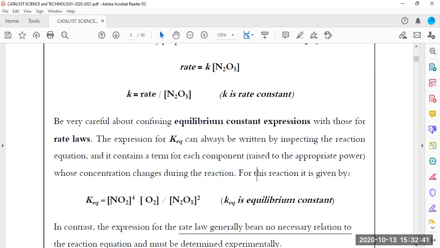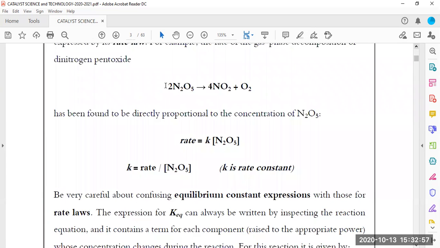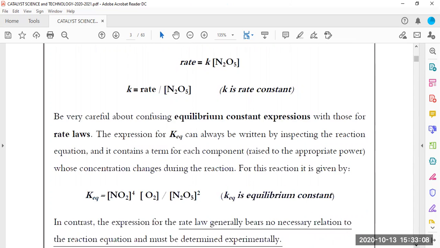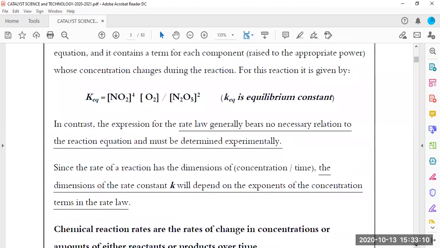It means the products over the reactants, and each concentration is raised to the power of its number of moles. We have 2, we have 4, we have 1. So it's different from the rate.